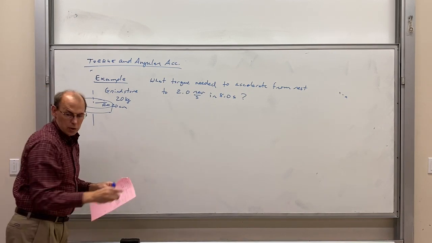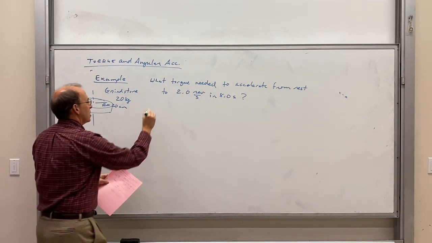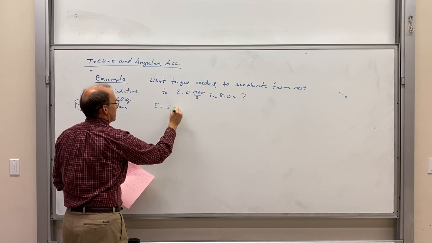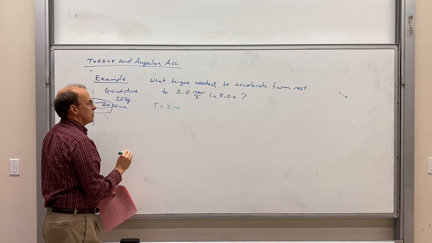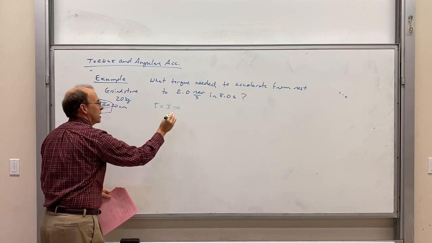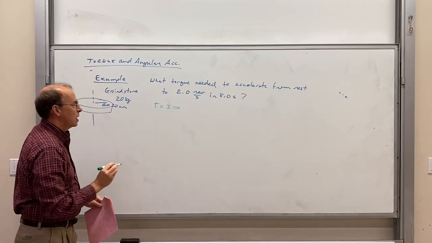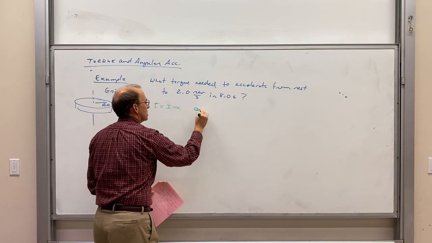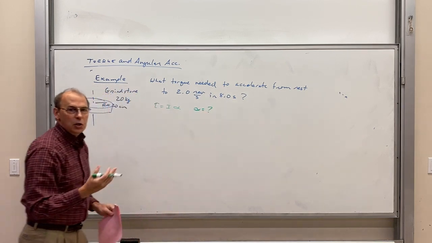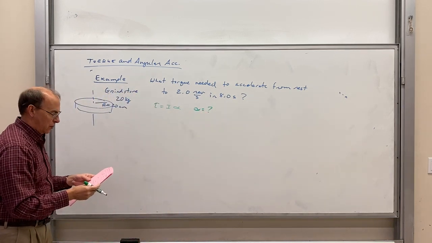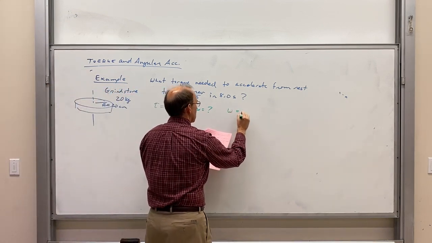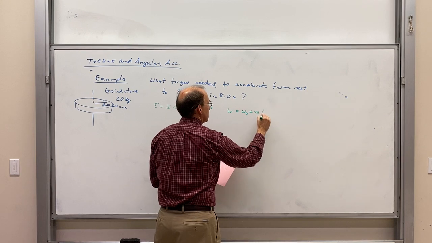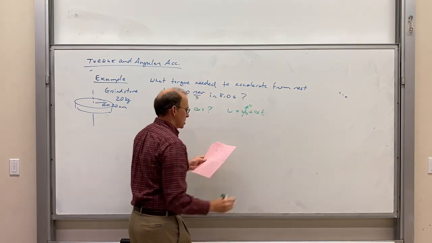All right, I've got one equation. Torque equals I alpha, so I'm going to have to use that. I want to know torque, so clearly I need I and I need alpha. To get alpha, I'm going to use my uniform angular acceleration equations. Omega is omega naught plus alpha t. Omega naught was 0.